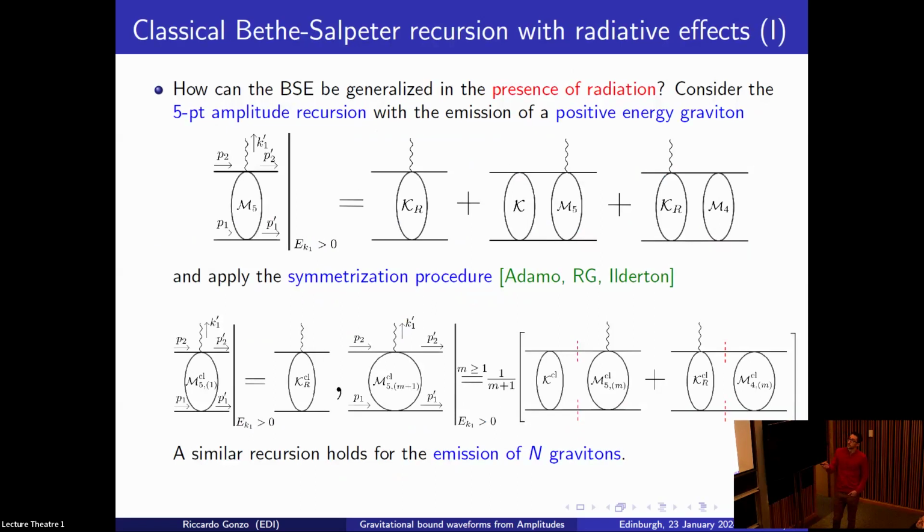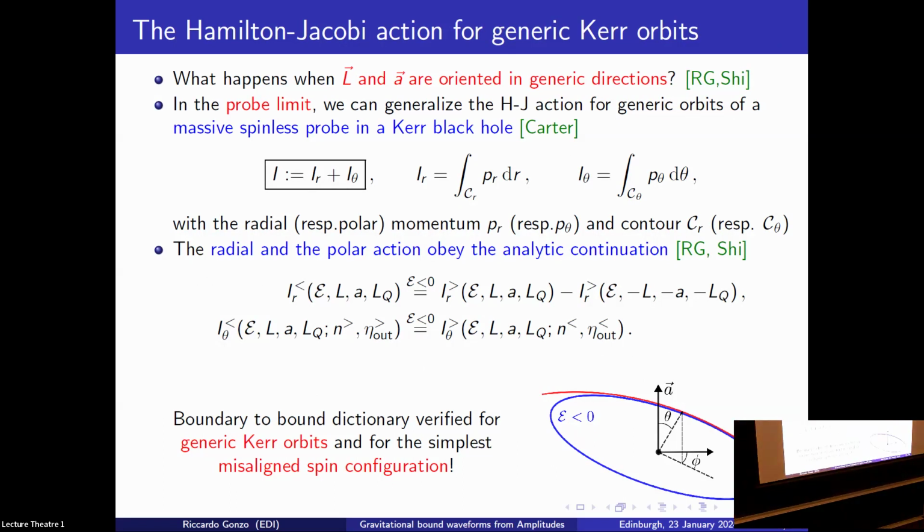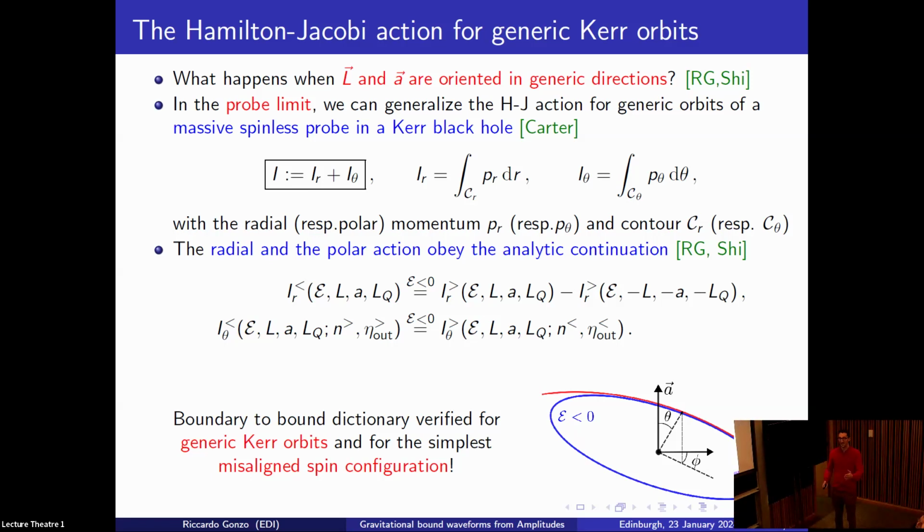Okay. In what directions? Well, I just mean various directions. In the probe limit, people consider, for example, osculating geodesics, where you modify your geodesic at the next order, for example in the self-force, so there is still a modification of the geodesic.